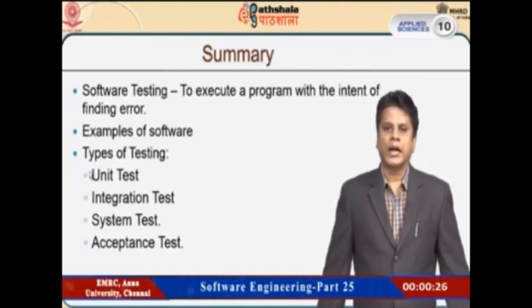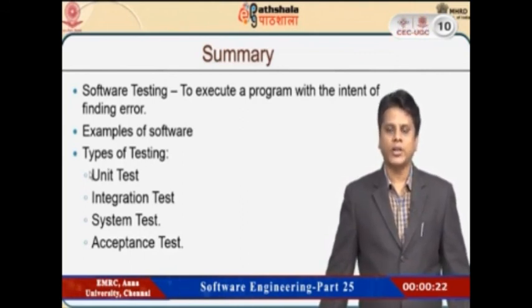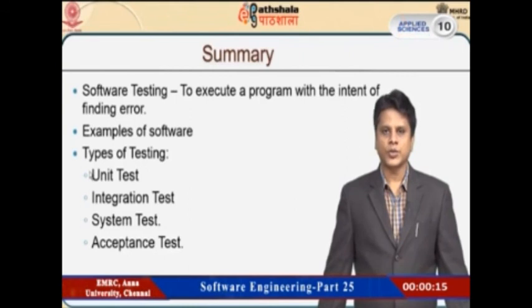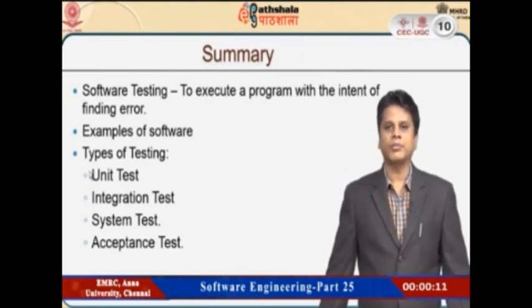Further, I gave a few examples wherein faulty software cost us much, either in terms of lives or in terms of cost. And we will see more on the different types of testing, which are unit testing, integration testing, system testing and acceptance testing.